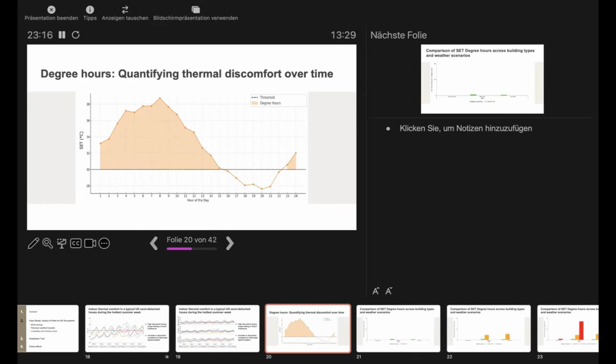It gives you one single value for every combination of building and weather scenario. So we did this for all the different combinations that we simulated, and we can now compare them to each other by using one single value for every building and weather data combination.